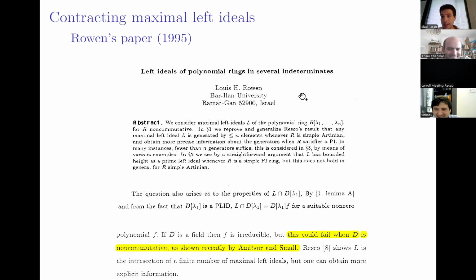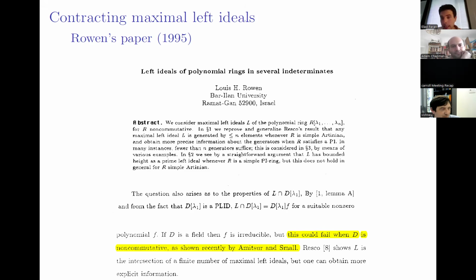So Rowen writes that Amitsur and Small gave a negative answer to their own question 17 years later. So I started to search for this answer in papers from around that period of time, and I could not find it. So I simply wrote to Rowen and asked him, well, what did you mean by this sentence?